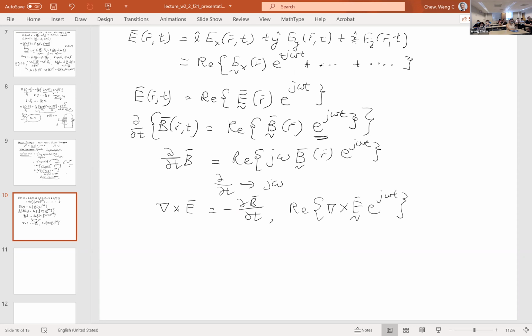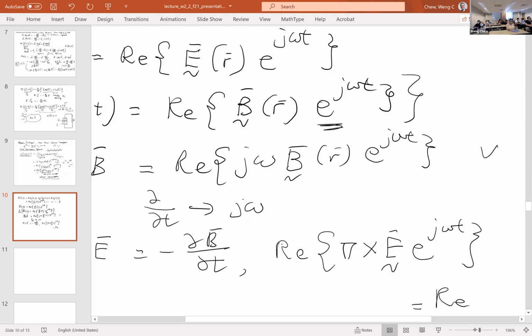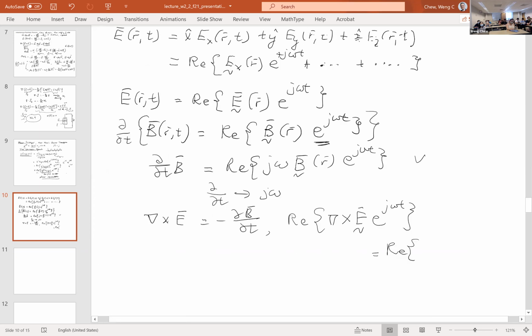And then the right-hand side is the time derivative. You can write this as the real part of j omega B of r times e to the j omega t. Okay, so you have this more complicated equation, which seems to be the baggage or the disadvantage that has been brought upon you.